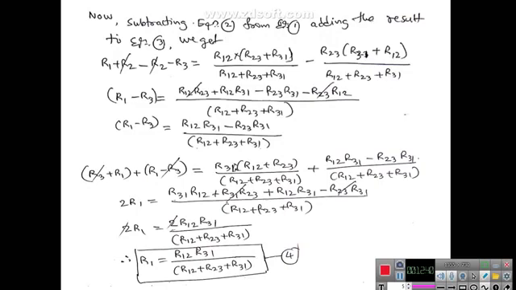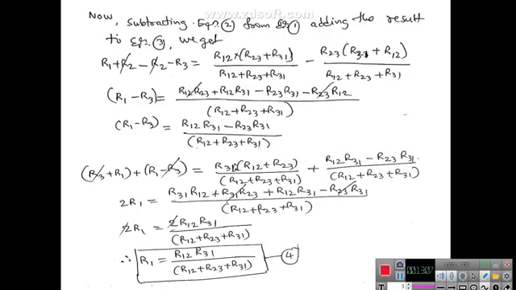So these are identical terms, so they can write 2 into R12, R31 divided by R12 plus R23 plus R31. So in the left hand side also, term 2 and this term 2 will get cancelled. So you will get the expression for R1 is equal to R12 R31 divided by R12 plus R23 plus R31.